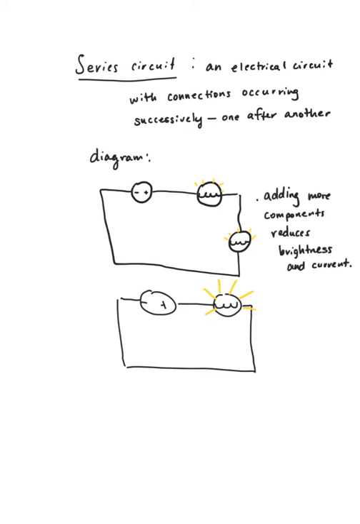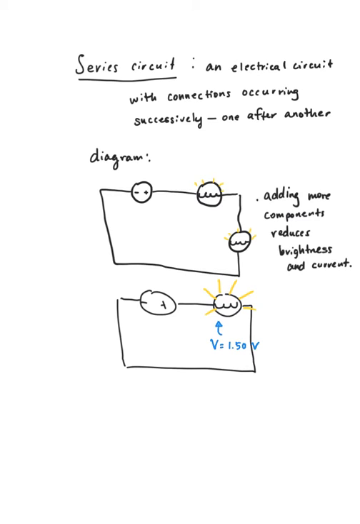So what is the relationship between the number of components that we've added to a circuit and the voltage, potential energy, and current, the kinetic energy analogs for electrical circuits? Well, remember that in the circuit that we looked at first, where we just had one light bulb, we saw that the voltage was 1.5 volts.